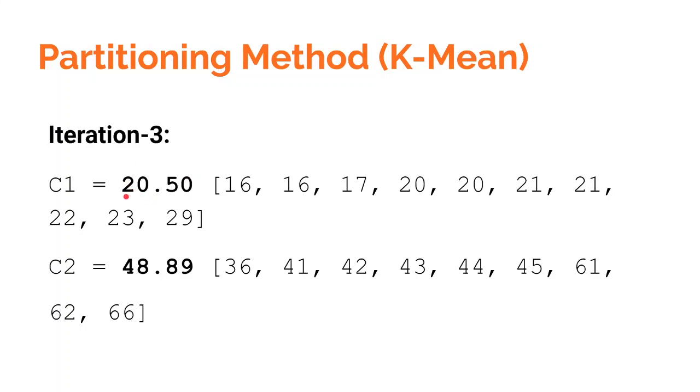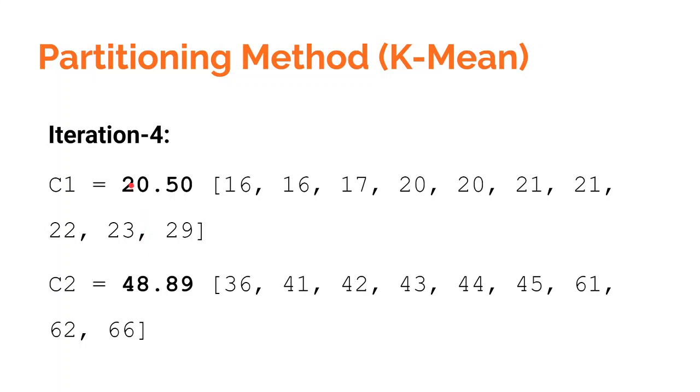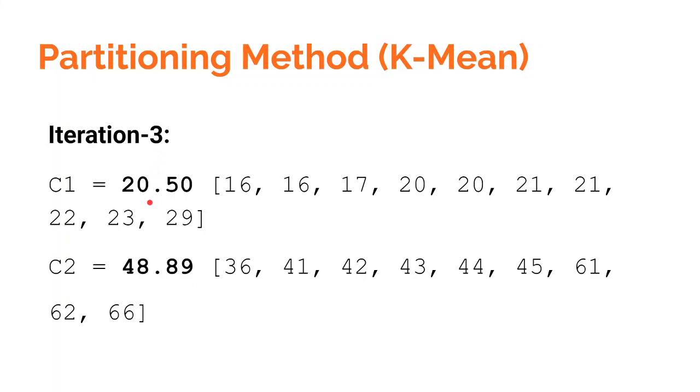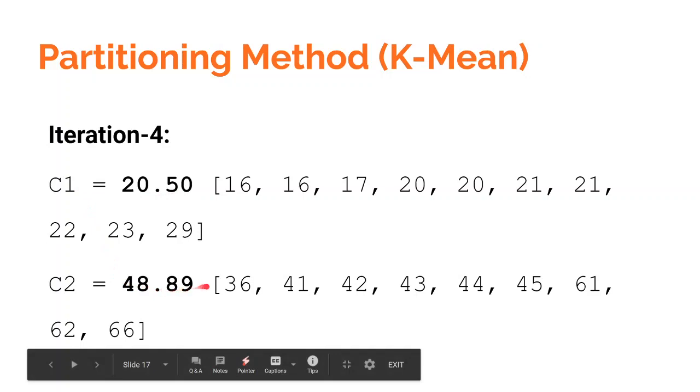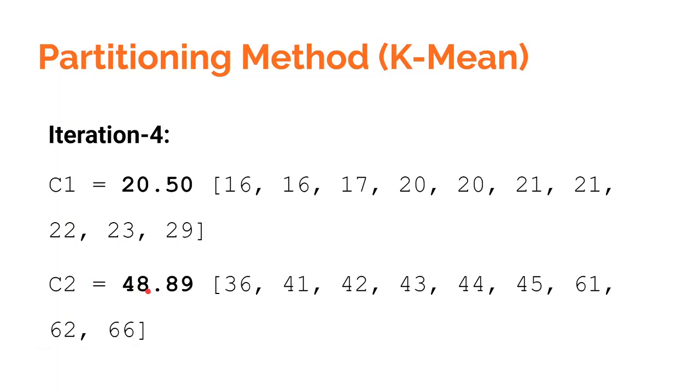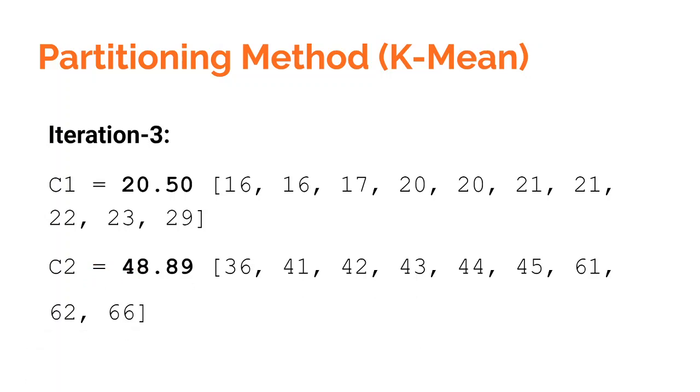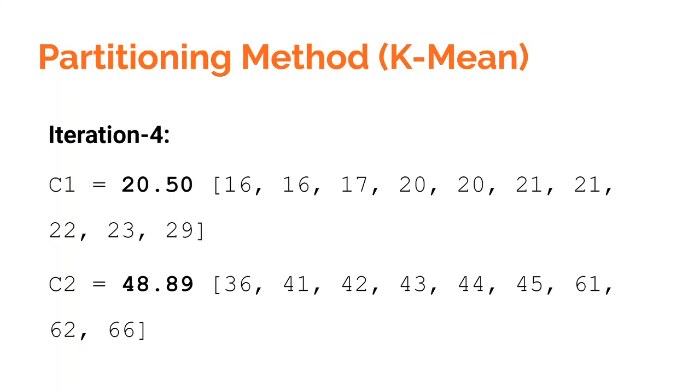Here in iteration 3, the mean value for cluster 1 was 20.50 and for cluster 2 is 48.89, which is the same as you have got in iteration 4, that is 20.50 for cluster 1 and 48.89 for cluster 2 as well. So the mean values of both clusters in iteration 3 and iteration 4 are the same.